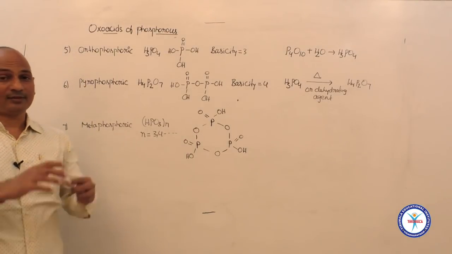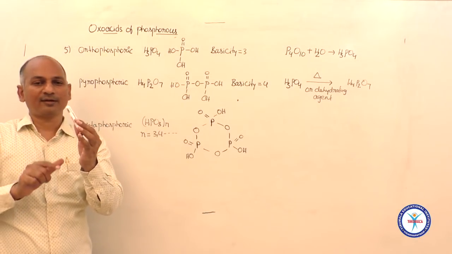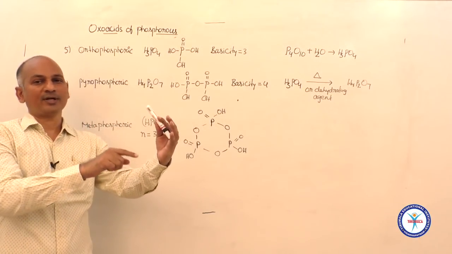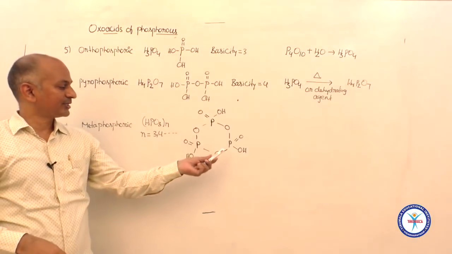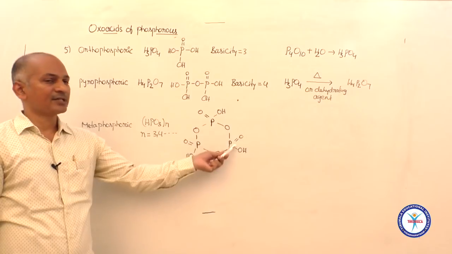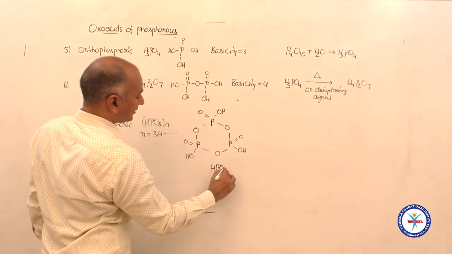Now you have taken 3 H3PO4. From the first 2 remove water, from the next 2 remove water, then from the first and third remove water, cyclic. So trimetaphosphoric acid, HPO3 taken 3 times.